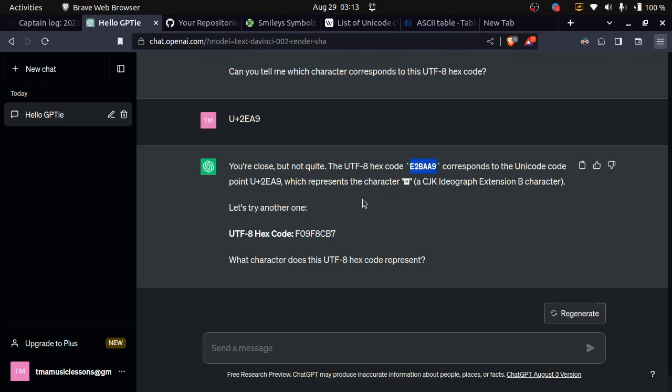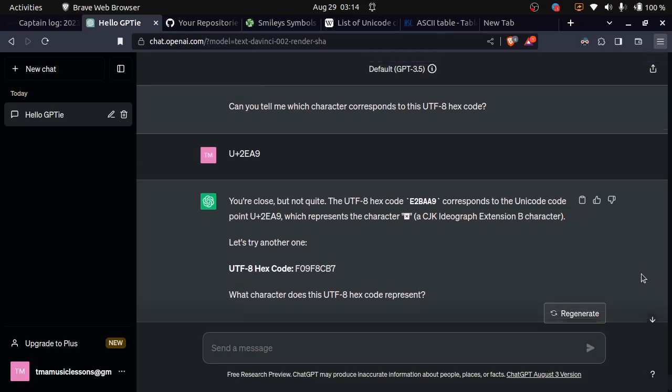Unicode code. Wait, what is it saying now? I don't understand what it's saying. Oh, the UTF-8 hex code E2BAA9 corresponds with 2EA9. Meanwhile, what we needed was the, yes, yes.